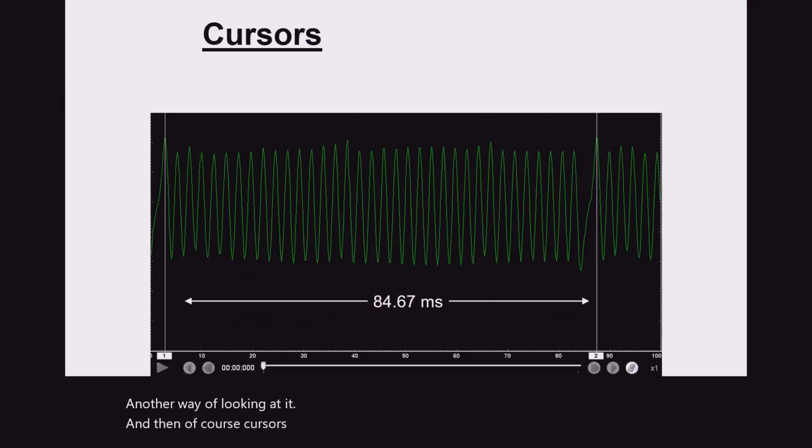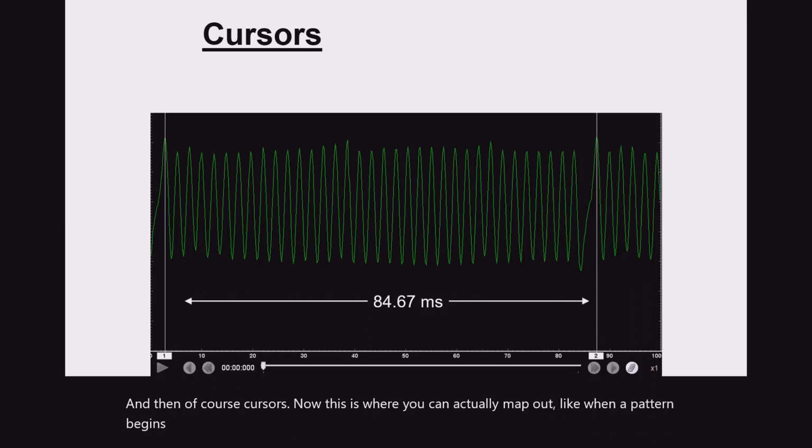Now, this is where you can actually map out when a pattern begins. Maybe you have a wheel speed sensor that is an AC signal, and then you measure across to see where the cycle begins and cycle ends.